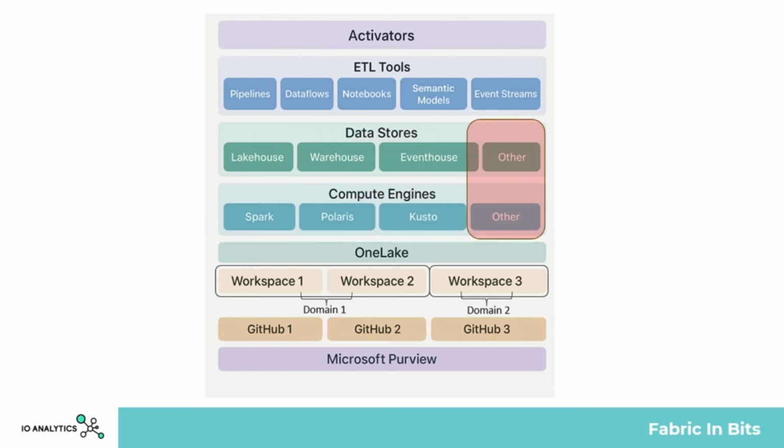And then finally, you have other database types. For example, you might have SQL Server, and it has its own compute engine which sits beneath that. Just as a quick overview, I mentioned that the Lakehouse and the Warehouse both automatically store the data in OneLake. I mentioned in passing that the Event House, you have to switch that option on. For some of the other database types, that is a similar idea.